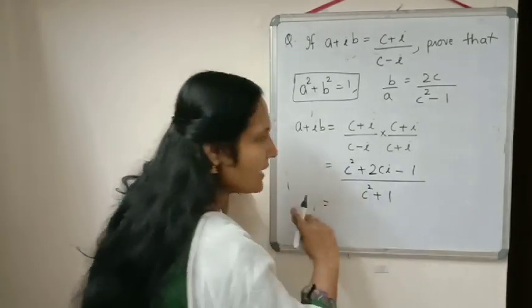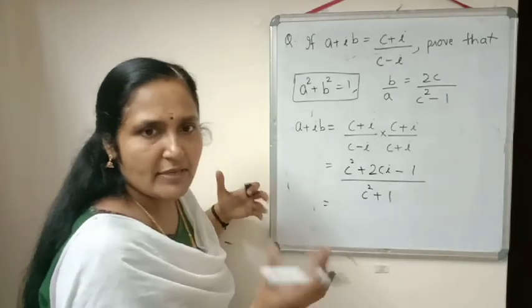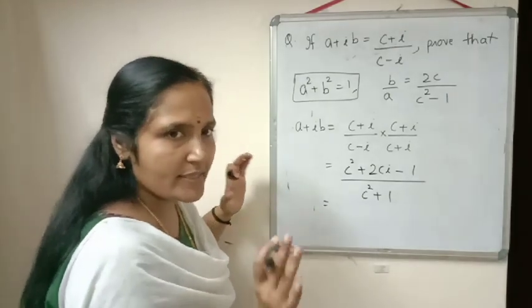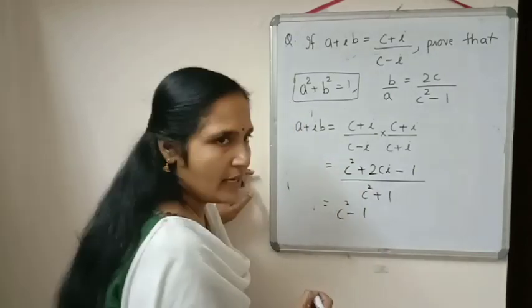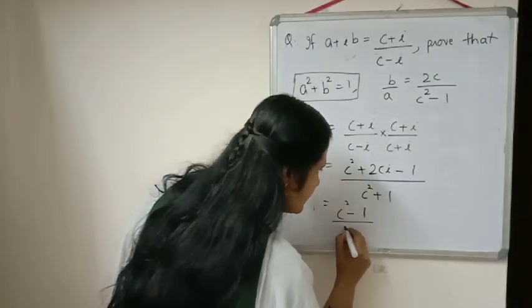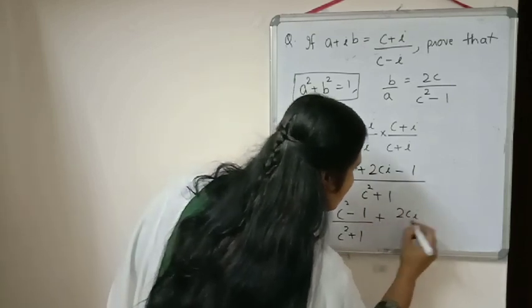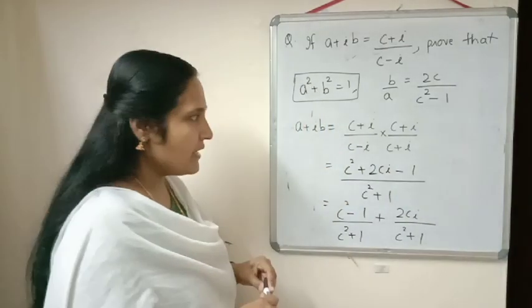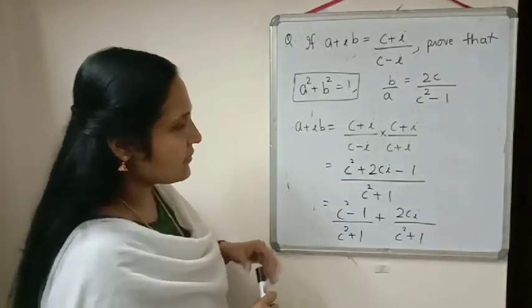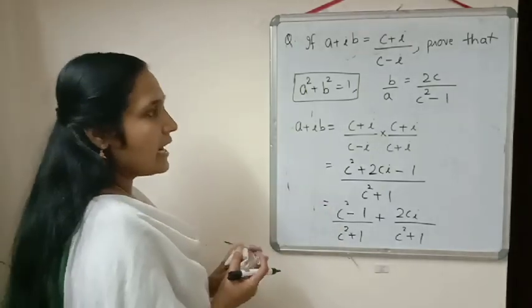Now we will write the real part and imaginary part separately. Real part means the term in which i is not there. So we have here (c square minus 1) by (c square plus 1) plus imaginary part 2ci by (c square plus 1). So we are getting a plus ib equal to the right hand side. So these two complex numbers are equal.